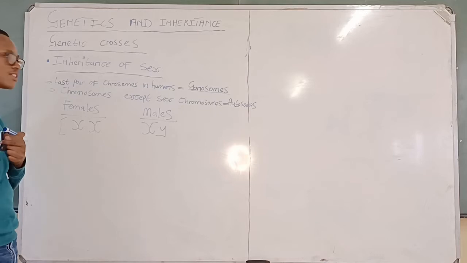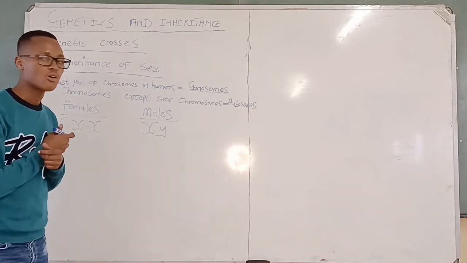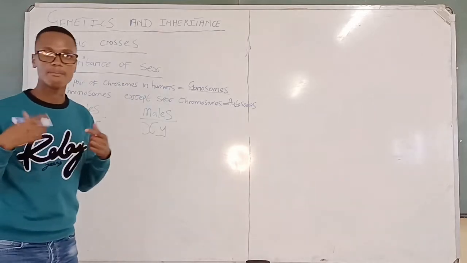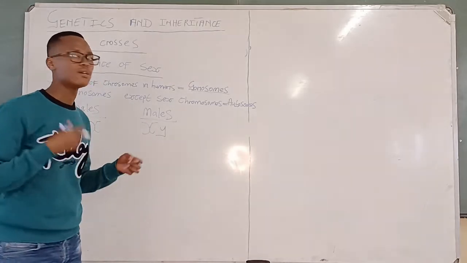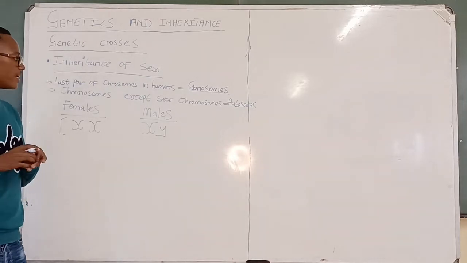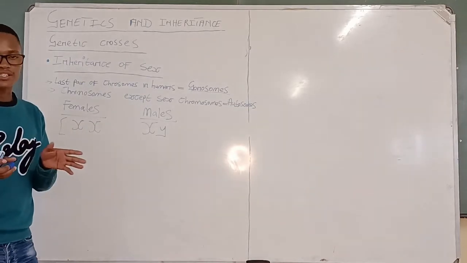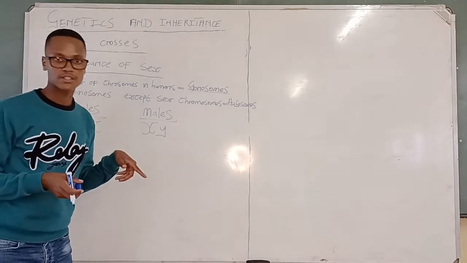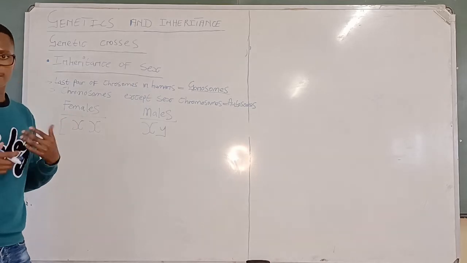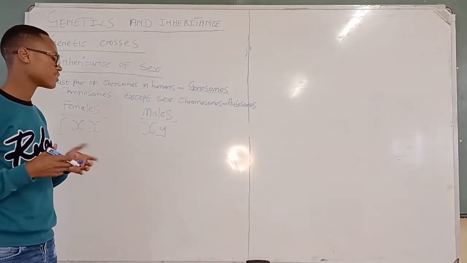Since we know that a female has these chromosomes and a male has these chromosomes, we'll be able to identify how a gender is inherited using the crosses we've been doing with the Punnett square, the template that I discussed with you.